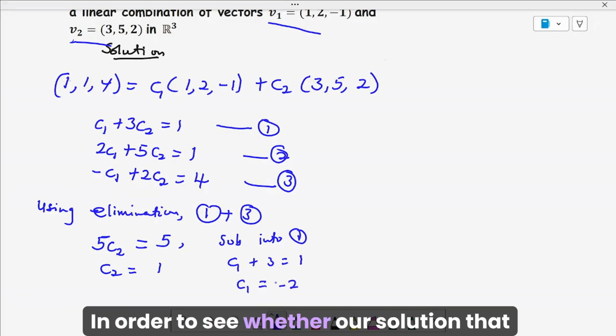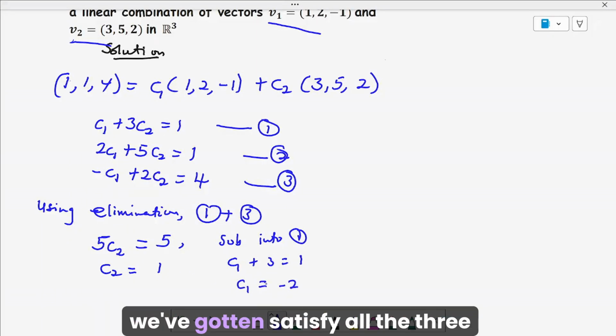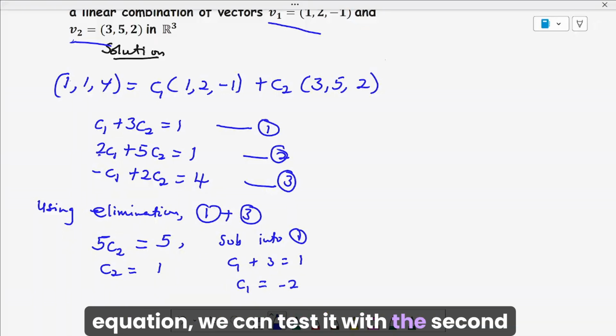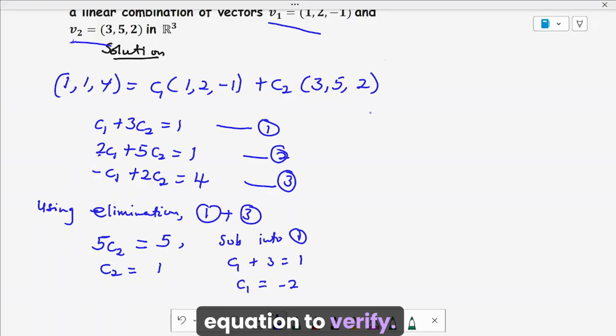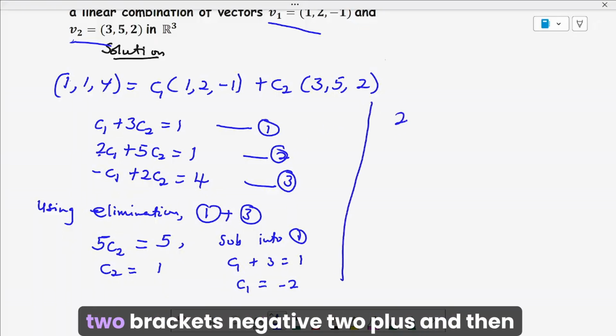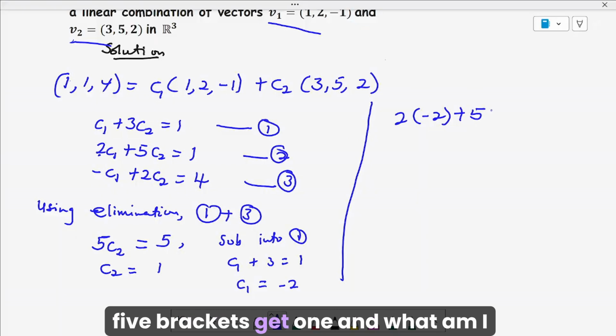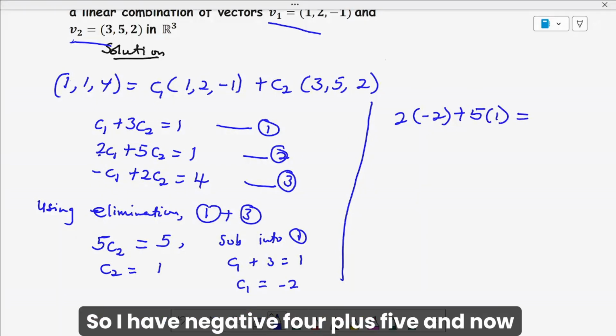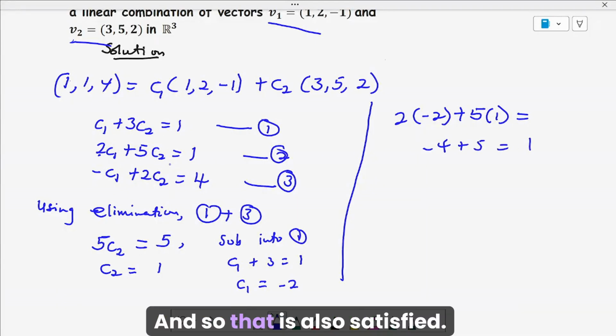In order to see whether the solution we've gotten satisfies all three equations, we can test it with the second equation to verify. If I substitute, I have 2 times -2 plus 5 times 1, so I have -4 plus 5, and that gives me 1, and so that is also satisfied.